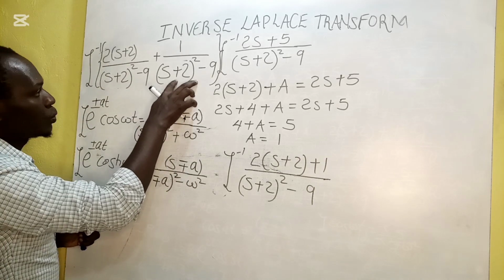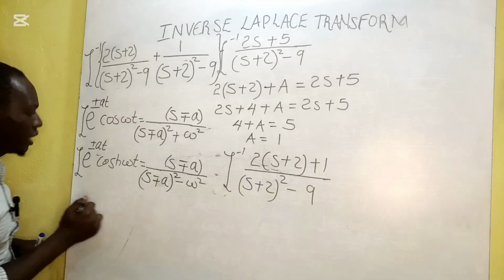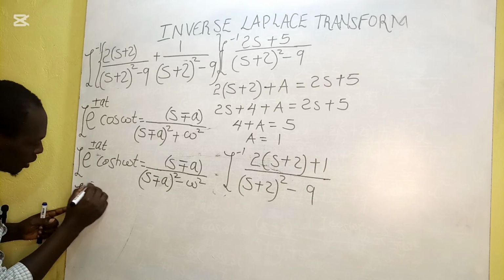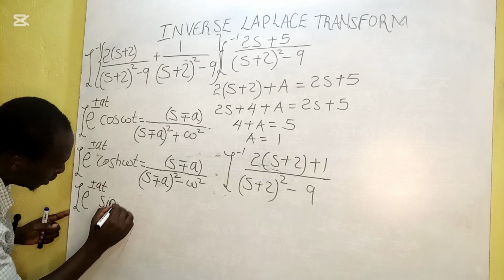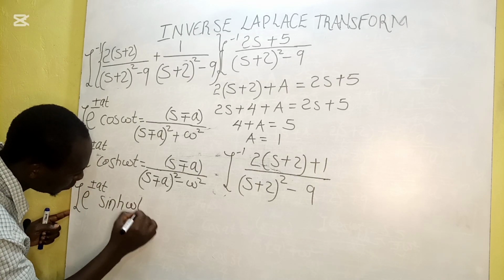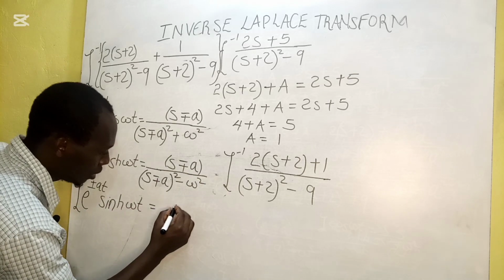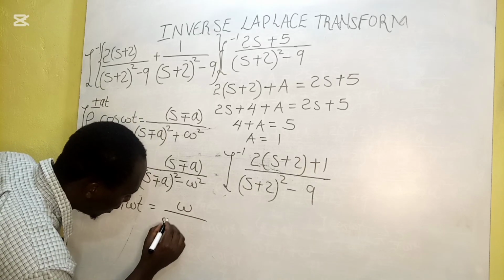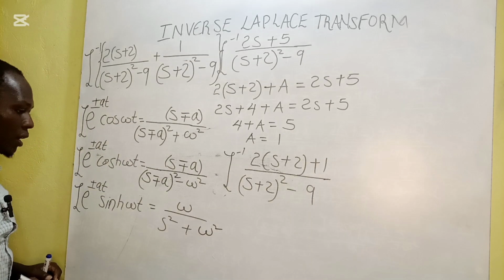But when you check this one, it kind of resembles the sine. Let us now get the Laplace inverse using the first shift theorem at sine hyperbolic our angle t. Here we are going to have our angle all over s squared, we come and add to our angle squared.